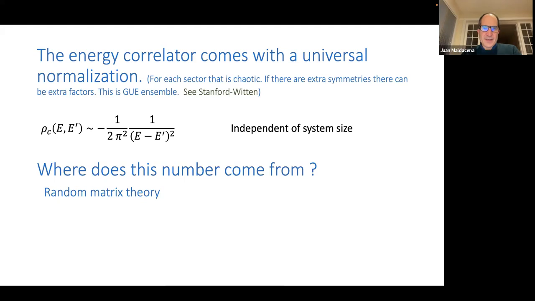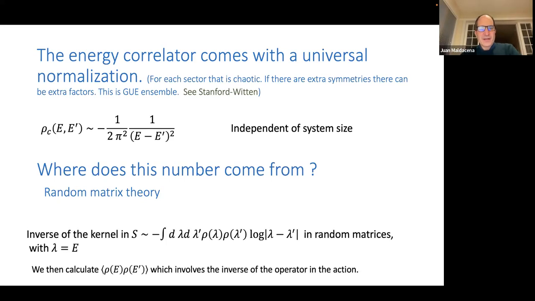Okay, so let's try to understand where this number comes from. It comes from random matrix theory. You're familiar that in a random matrix we have some Vandermonde determinant, and if you think in terms of the density of eigenvalues, then in the action for the density of eigenvalues you'll get a term proportional to log of lambda minus lambda prime, where lambda is the eigenvalue.